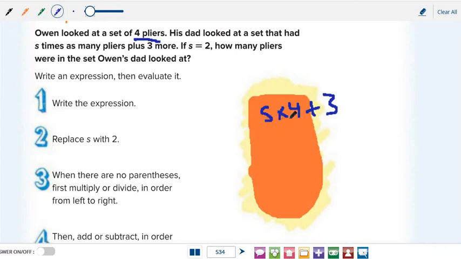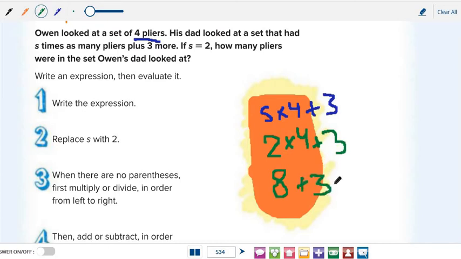So, S times 4 plus 3. Let's replace S with its value. S equals 2. So, we will write 2 times 4 now, plus 3. We will start with multiplying. We cannot add before multiplying. So 2 times 4 equals 8. Now 8 plus 3 equals 11.